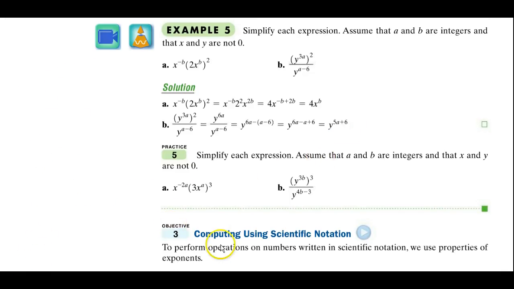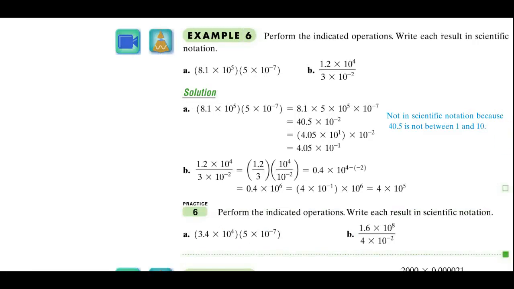Now objective 3 is computing using scientific notation. Since we have the textbook, we'll use it a little bit here. So the rule is we're going to multiply this by this.